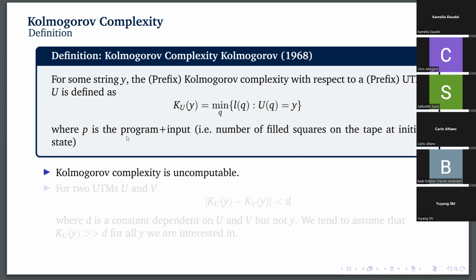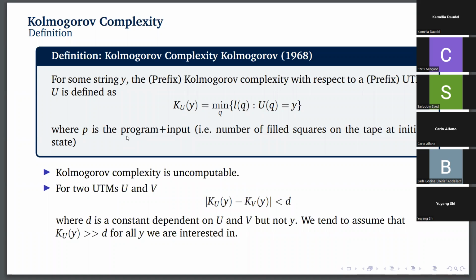Because of the halting problem, Kolmogorov complexity is uncomputable, so it's not very useful practically. But it does have some nice properties. If I have two universal Turing machines, either prefix or non-prefix, the Kolmogorov complexity of the same output can only differ by some constant d.